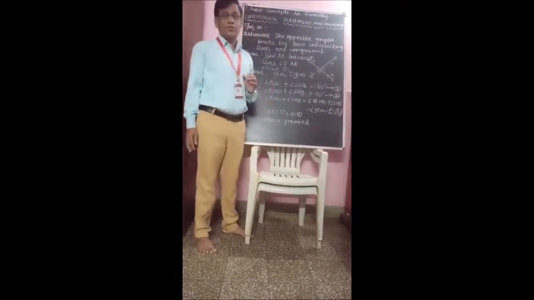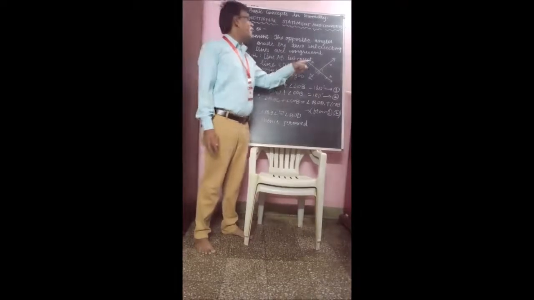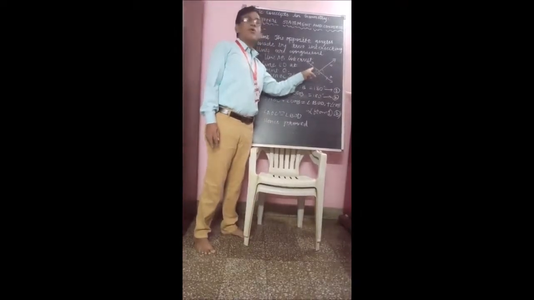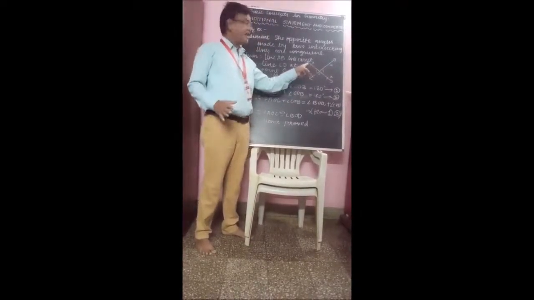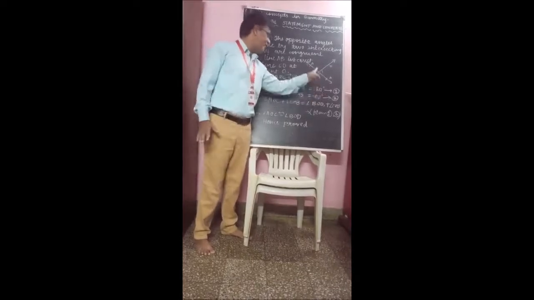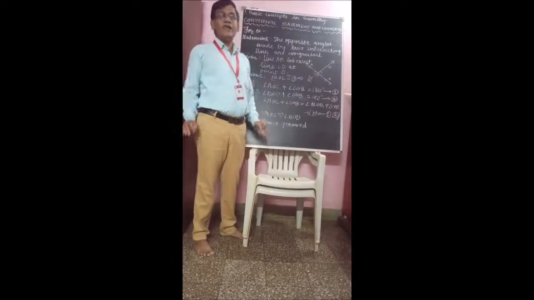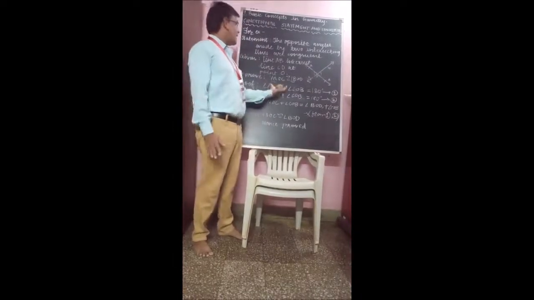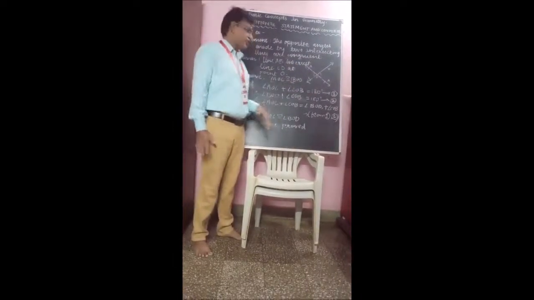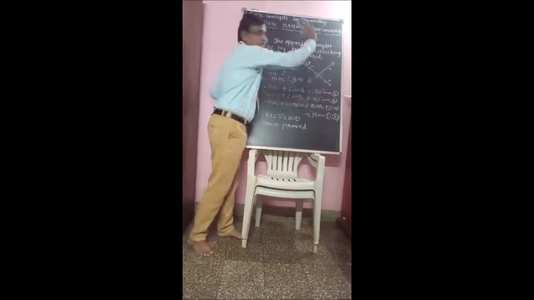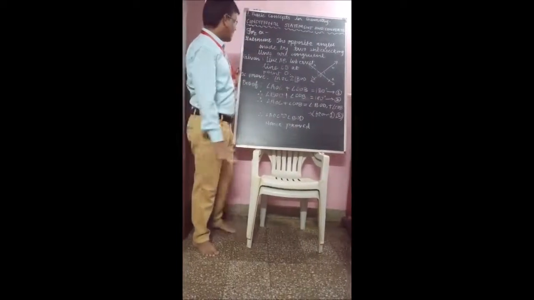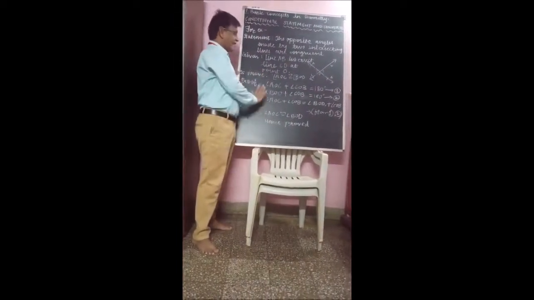This is logically proved, because the angle of a straight line is always 180. This angle is a straight line angle, and these two angles are said to be a linear pair, which has a measure of 180. Now the second statement.